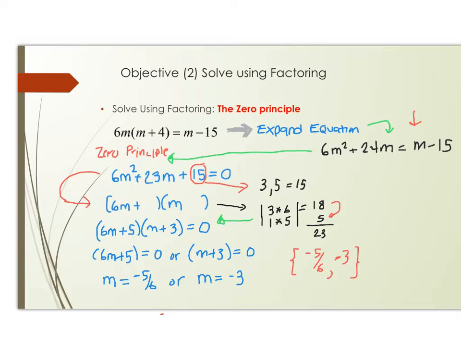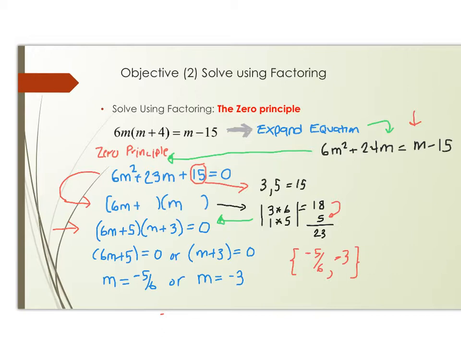And so that's the middle term. So now we can factor. We have (6m + 5)(m + 3) is equal to 0. Notice that if we expand this out, we get the original equation. So that's always a good thing to do.